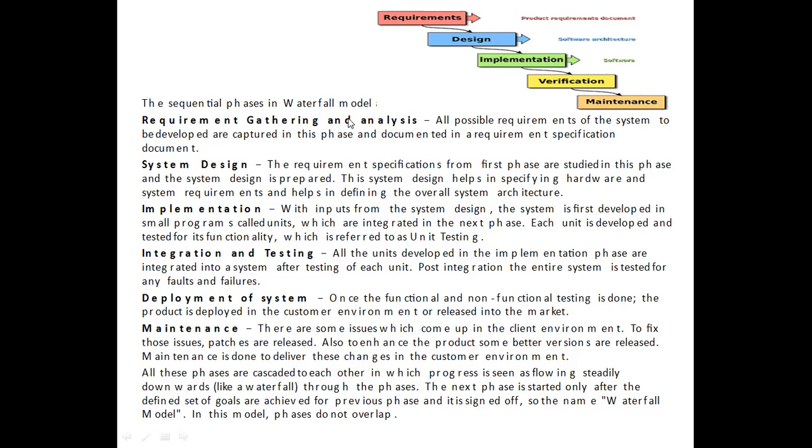In requirement gathering and analysis, all possible requirements of the system to be developed are captured in this phase and documented in a requirement specification document. System design: the requirement specification from the first phase is studied in this phase and the system design is prepared. This system design helps in specifying hardware and system requirements and helps in defining the overall system architecture.